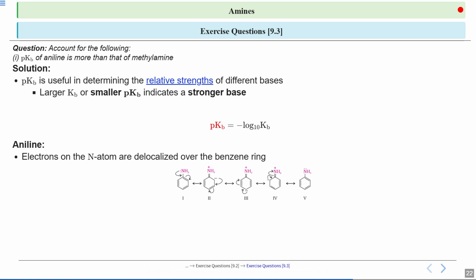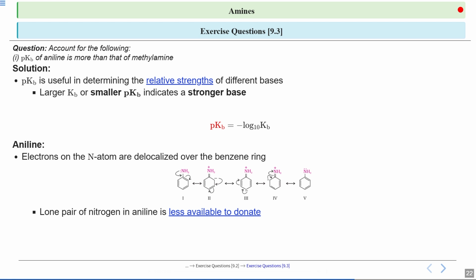Because the electrons on the nitrogen are delocalized over the benzene ring, which reduces their availability for bonding or reactions. So over here, the lone pair on this nitrogen is delocalized over this benzene ring, it is not localized.